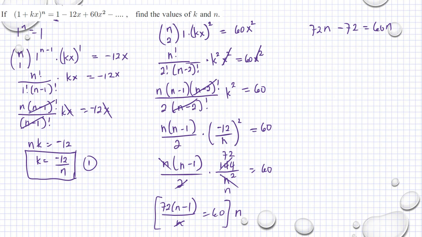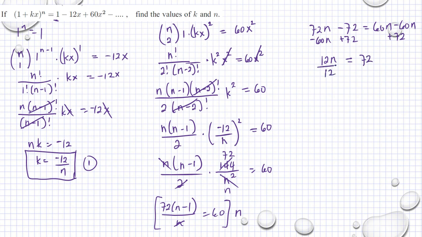Now if we subtract both sides of the equation by 60n and add 72, then we have 12n is equal to 72.